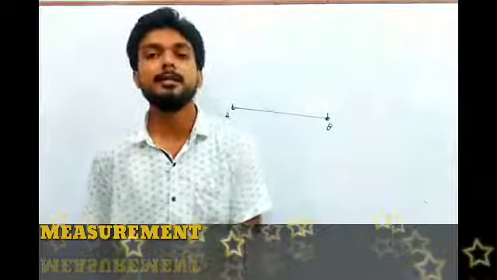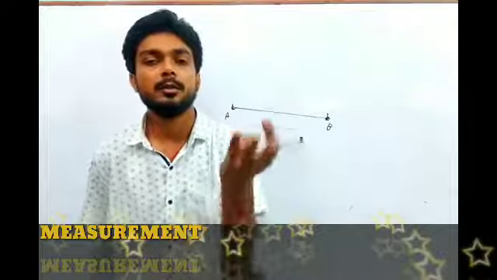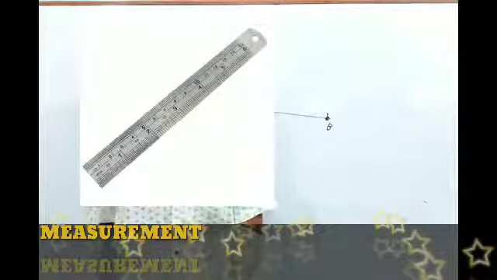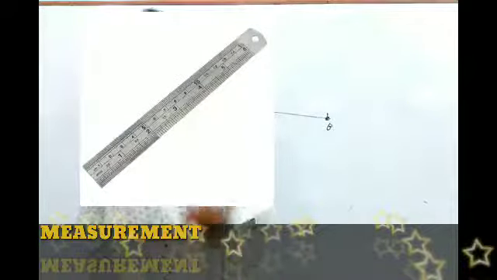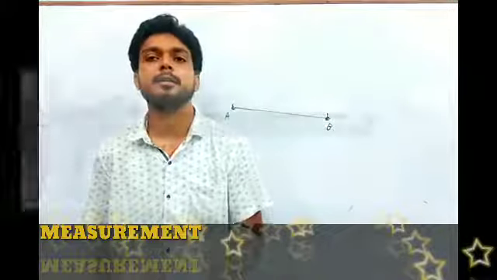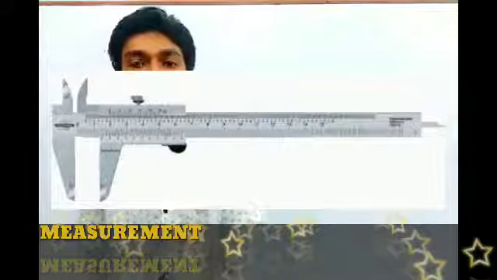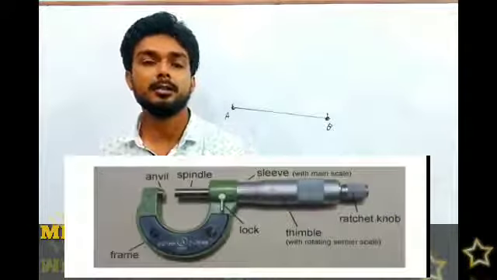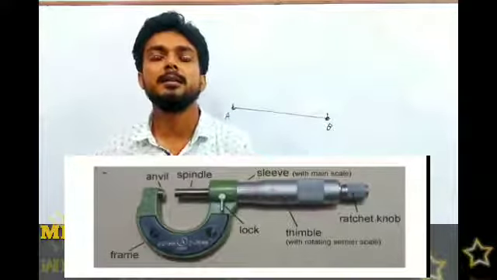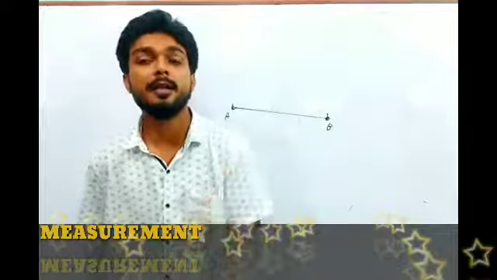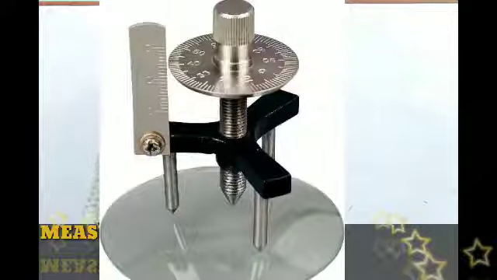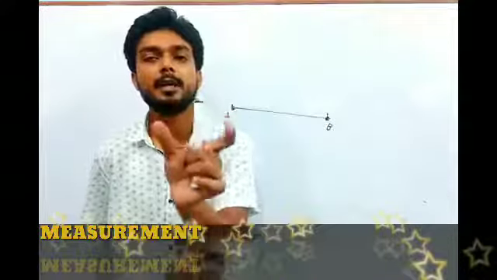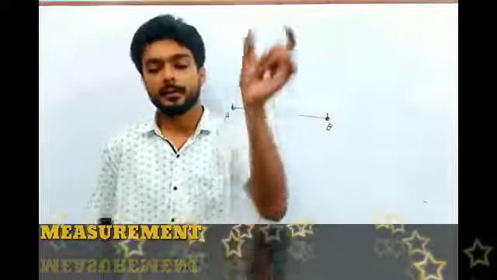Students, in the direct method we use a meter scale. In the direct method you use a vernier caliper, a screw gauge, a micrometer, a spherometer. These are the devices. You are all very well aware of the meter scale.